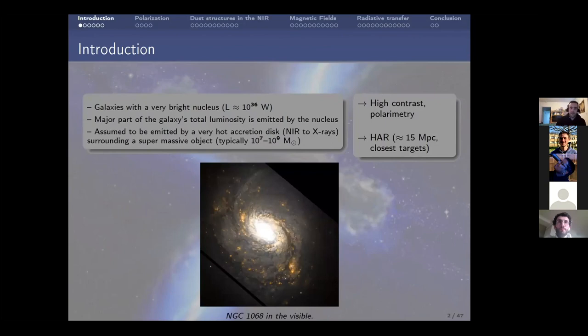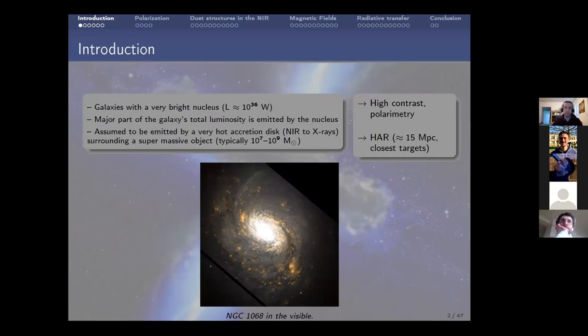To begin this presentation, I'm going to introduce a little bit the AGN field, which I'm sure a large fraction of you are pretty familiar with, but I don't know if everyone is exactly as familiar as the galactic center group, which is aiming at these objects. So to keep things simple, a galaxy is considered as having an active nucleus if this nucleus is very bright, typically 10 to the 36 watts.